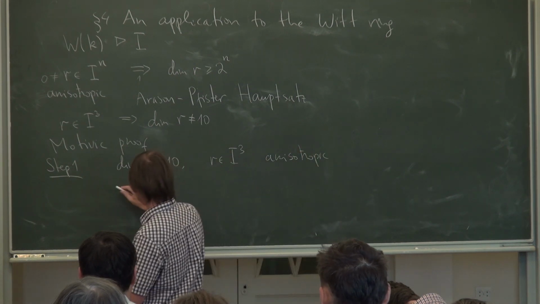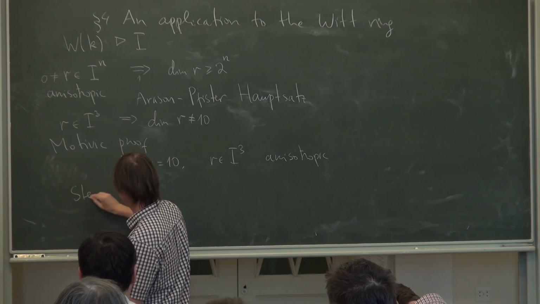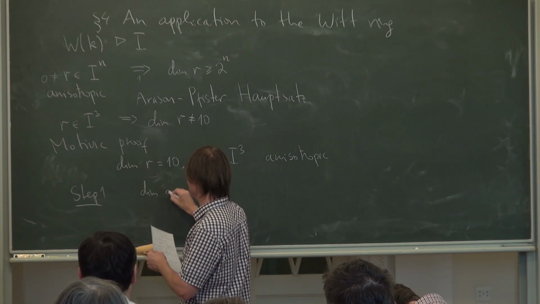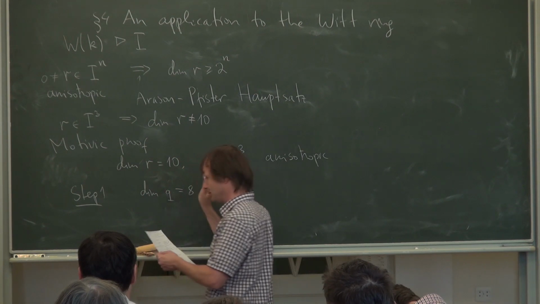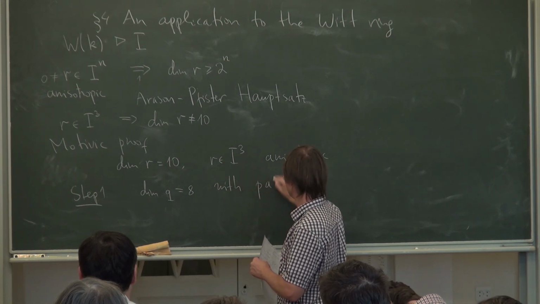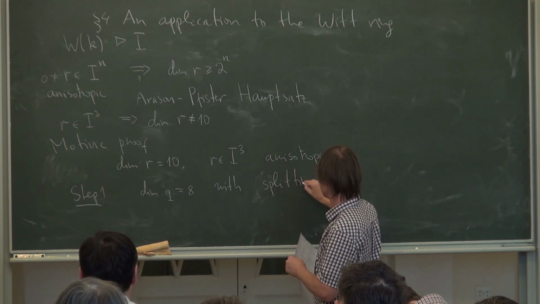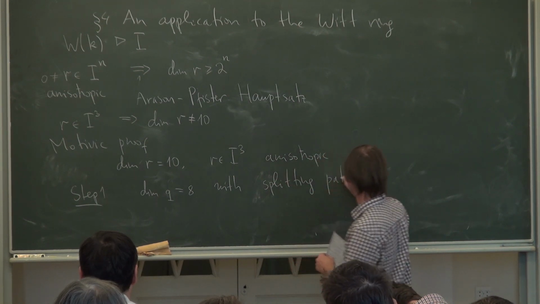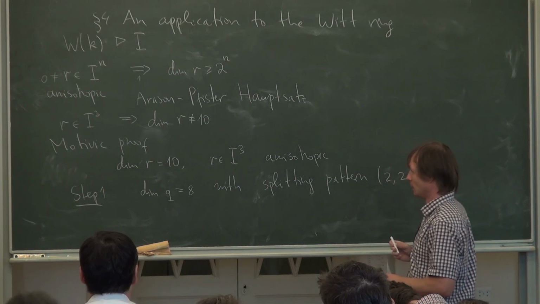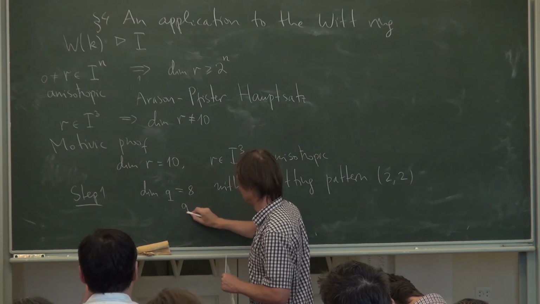Step 1: let Q be an 8-dimensional quadratic form, arbitrary, with the splitting pattern 2, always anisotropic.